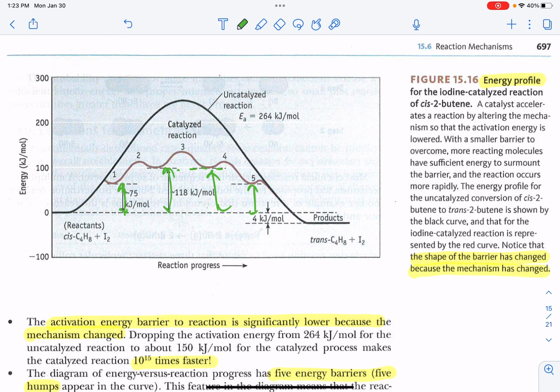And as a result, we have multiple humps, each hump representing a different step in the chemical reaction, a step in the mechanism.